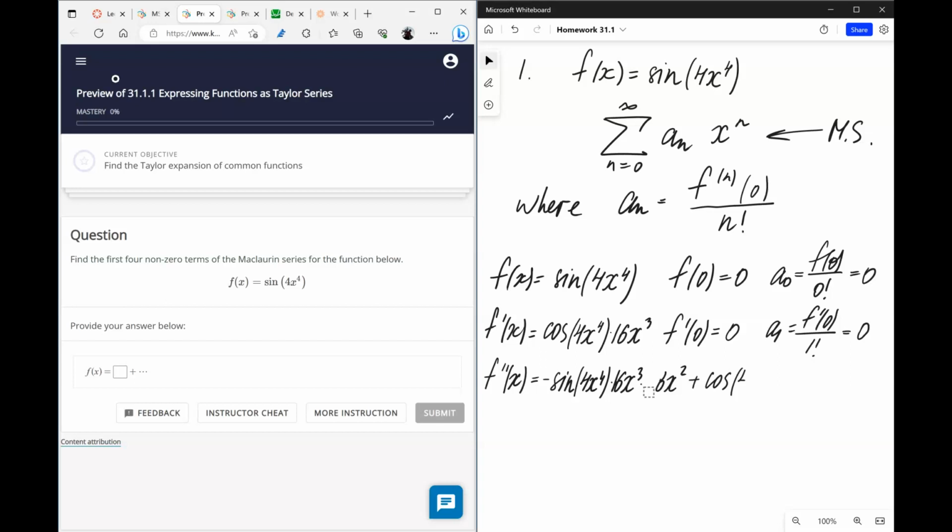We don't do the derivative, we're using the product rule. Now for the second one, it's going to be cosine of 4x to the 4 times the derivative. So this is also going to be equal to 0. So A2 is also equal to 0.